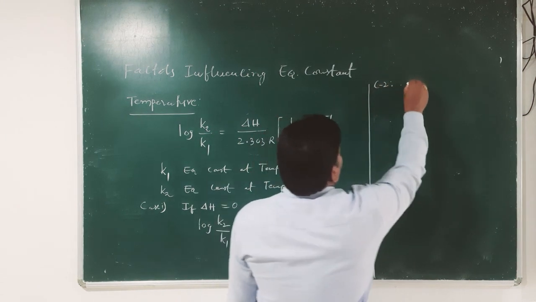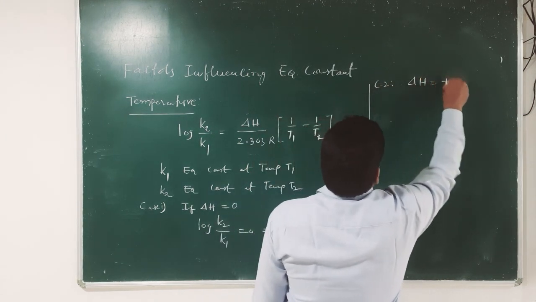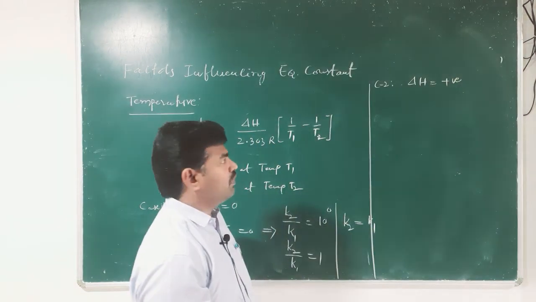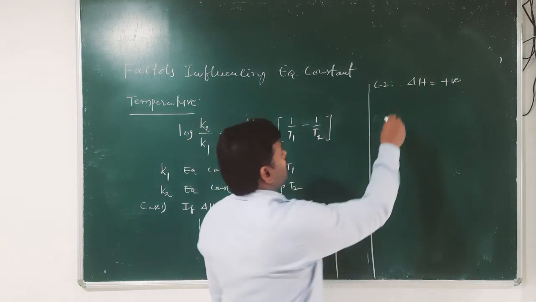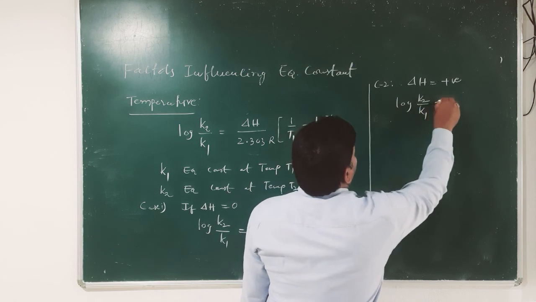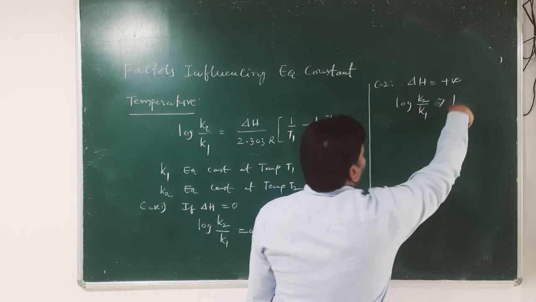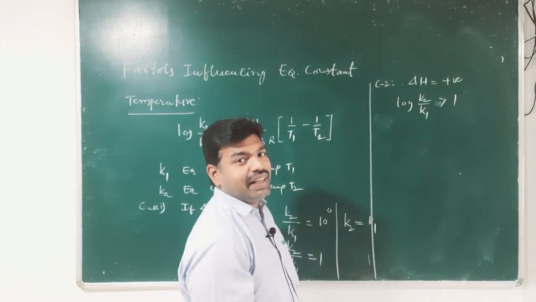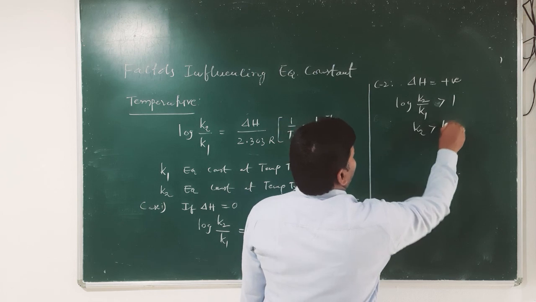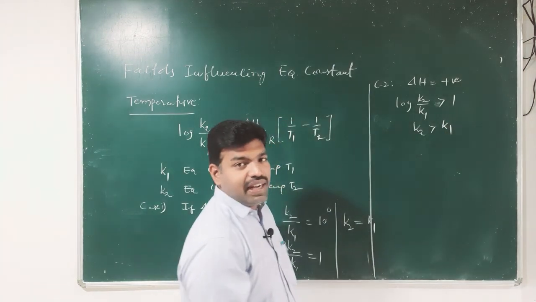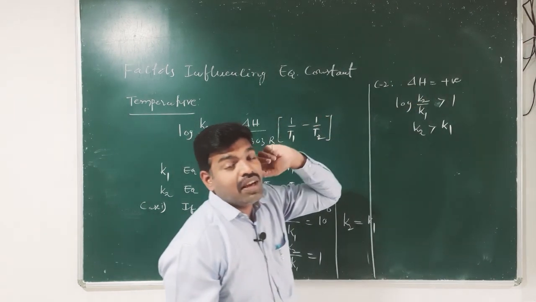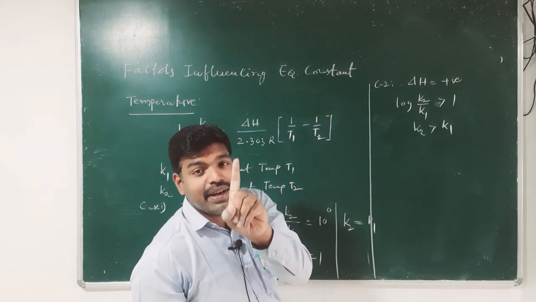is when delta H is positive. When delta H is positive, log K2 by K1 is positive, that is, greater than 0. That means K2 is greater than K1. Delta H positive means the forward reaction is endothermic.